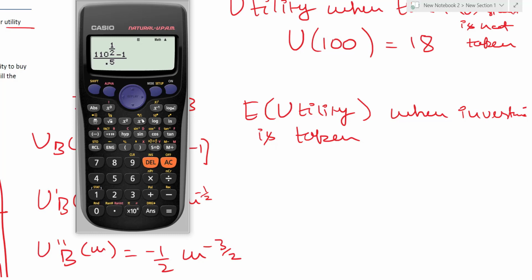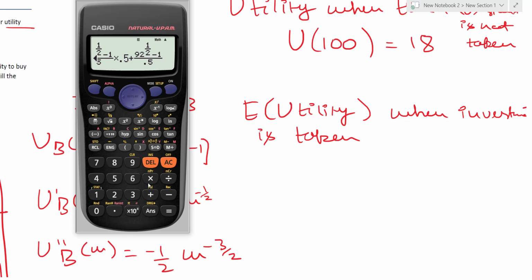So either he gets 110, this is the utility, you just multiply it with 0.5, plus the other case is 92 to the power of half minus 1 divided by 0.5 and multiplied with 0.5.